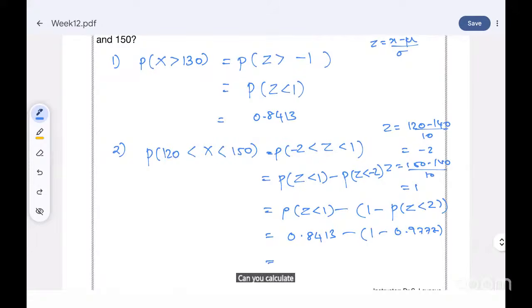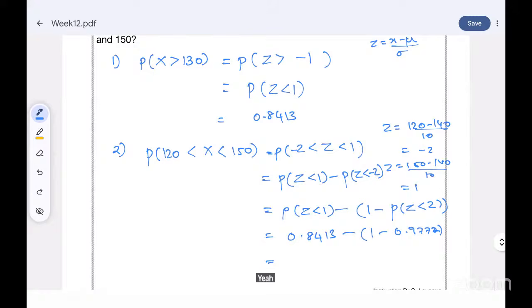So can you calculate this and tell the final value? What's the final value? How is the probability of Z less than minus 2 equal to 1 minus the probability of Z less than 2?